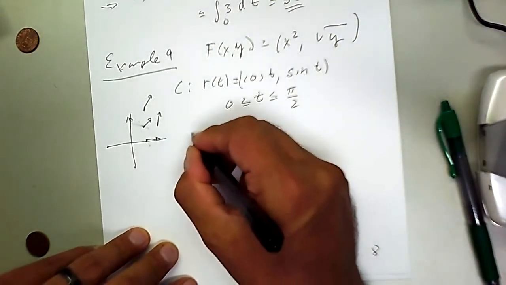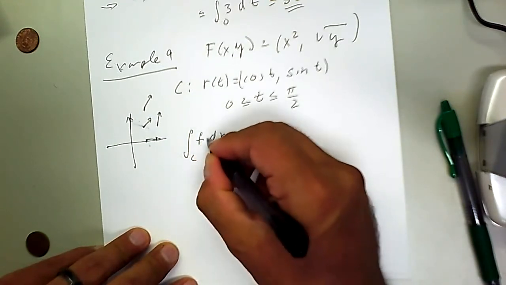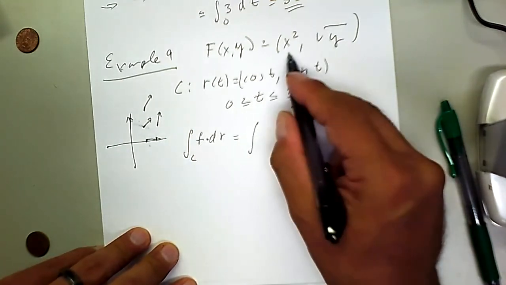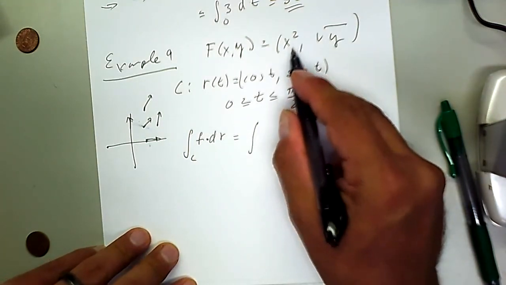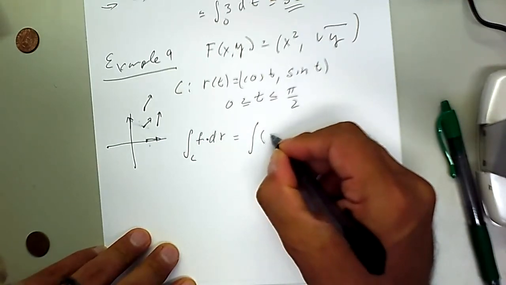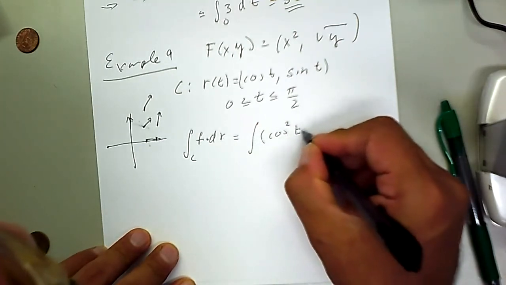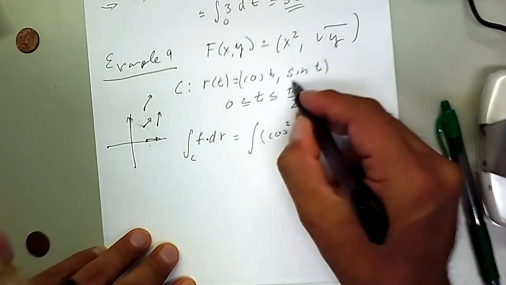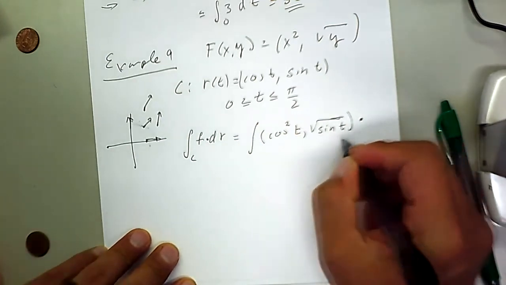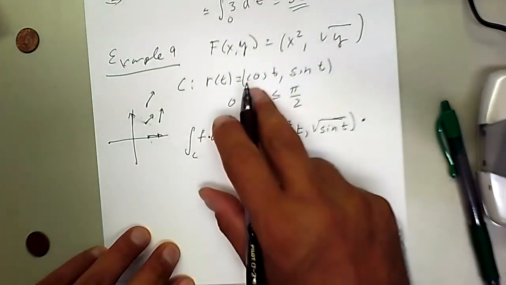All right, so the path integral with respect to r will be the dot product of x squared, which is really cosine squared of t, comma, square root of y, so square root of sine of t, dotted with, I'm running out of space here, so I'm going to continue on the next line, the derivative of the path.